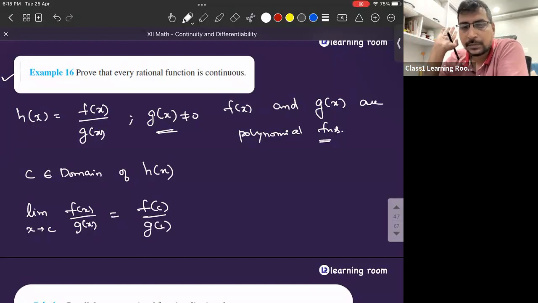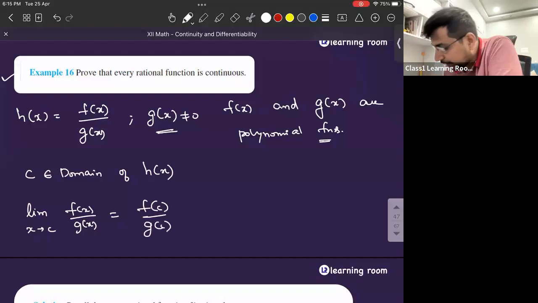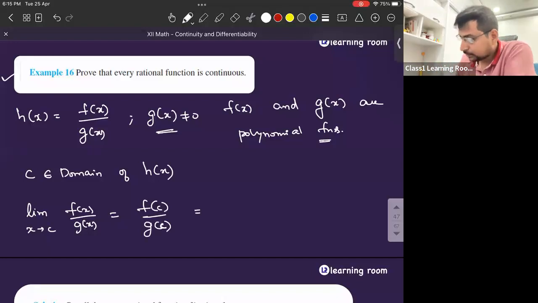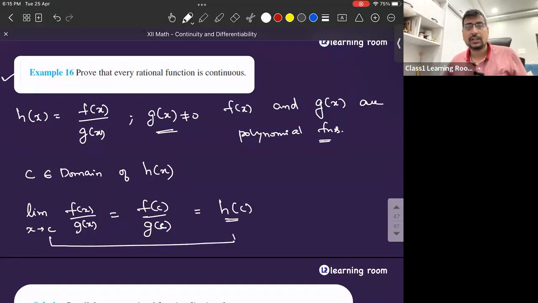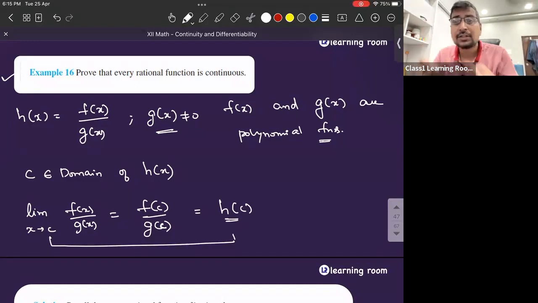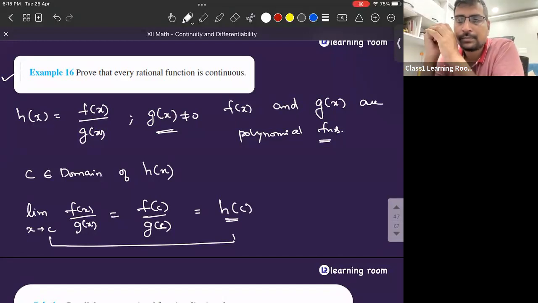Am I clear with this? So f of c divided by g of c. And what is this actually? Is this not equal to h of c? So since limit x tends to c, h of x is equal to h of c, every rational function is going to be a continuous function. This is the reason.